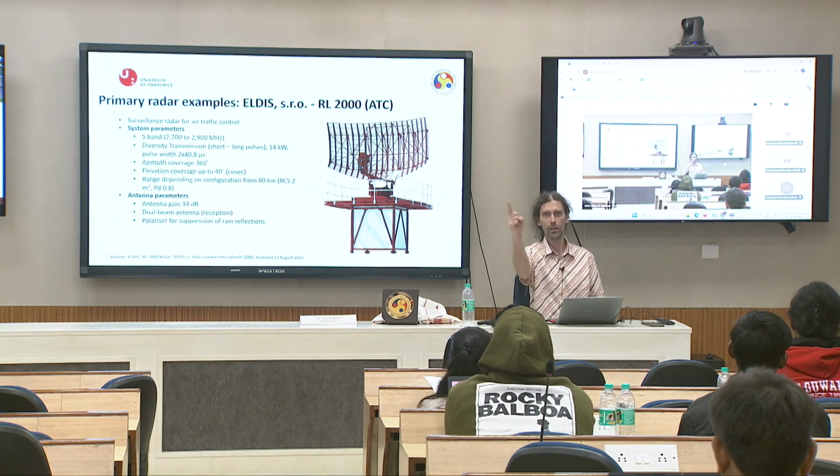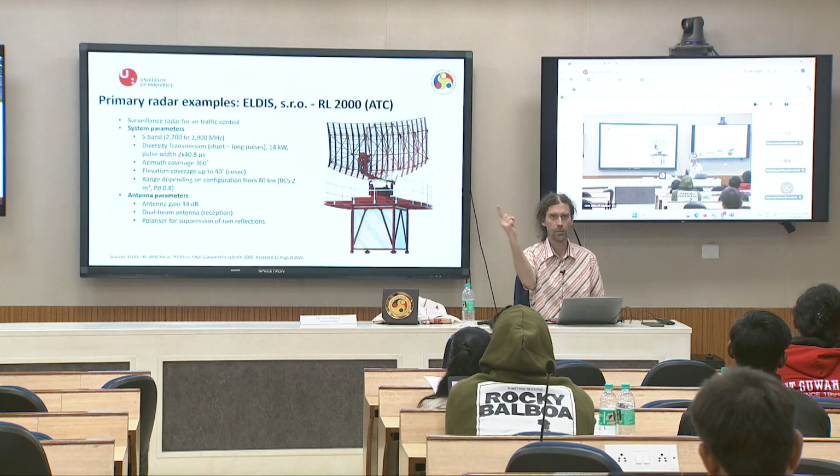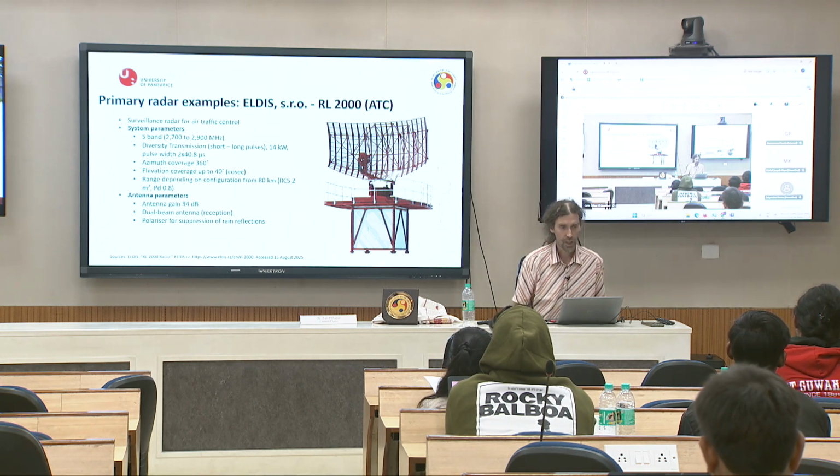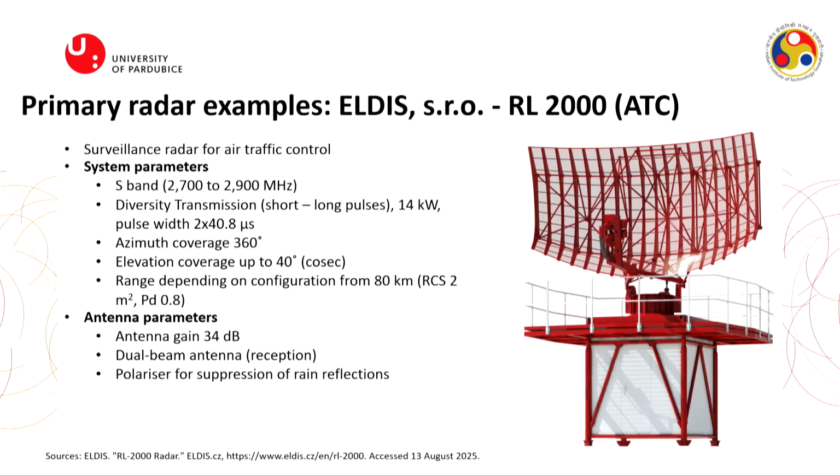How is it possible? Rotation of the antenna. Elevation coverage is up to 40 degrees, so it also makes this movement, but only up to 40 degrees. Why? Because usually you want to detect all targets incoming to your side, but not from above. So these are typical parameters.